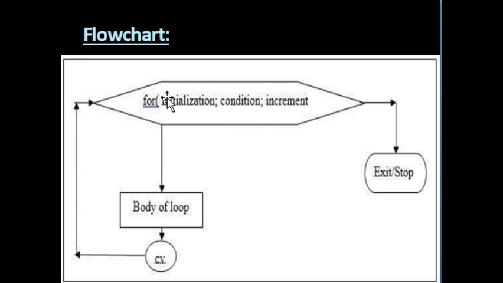So see here, if that is true, then it will be executed, otherwise it will exit. I already said the condition should first be tested, then passed. If the condition is true, it goes to the body of the loop and comes out.